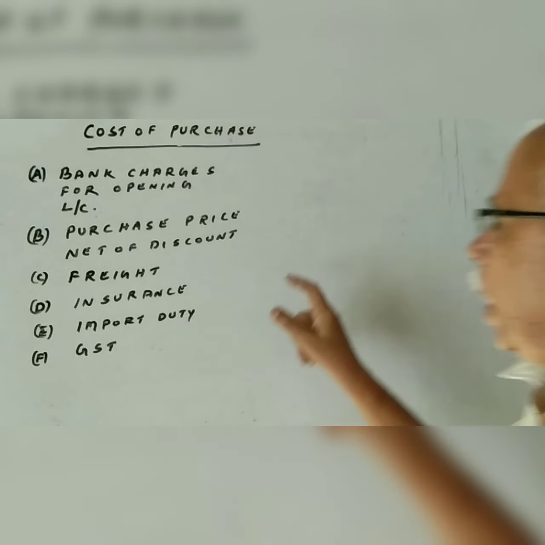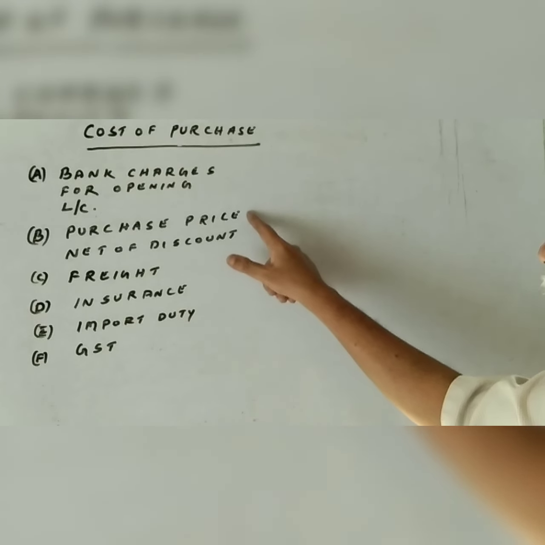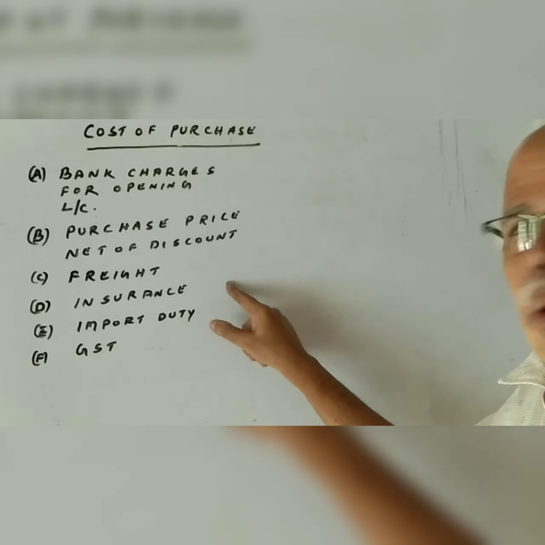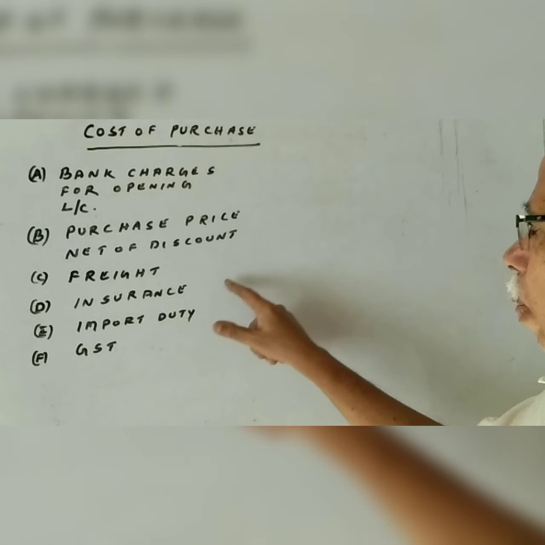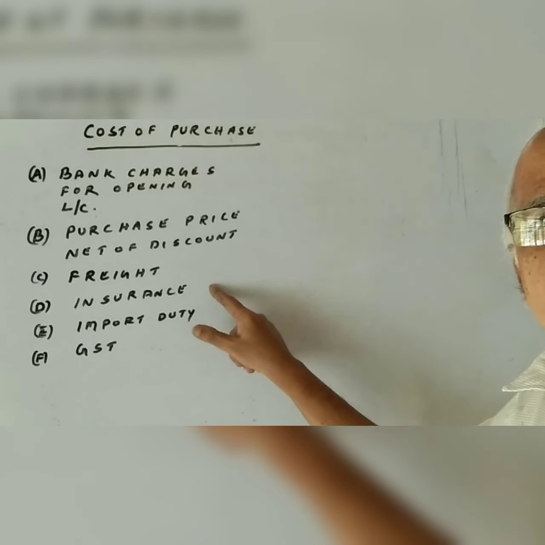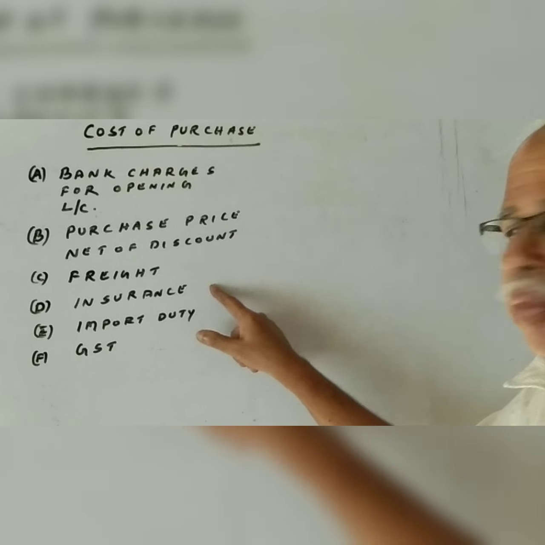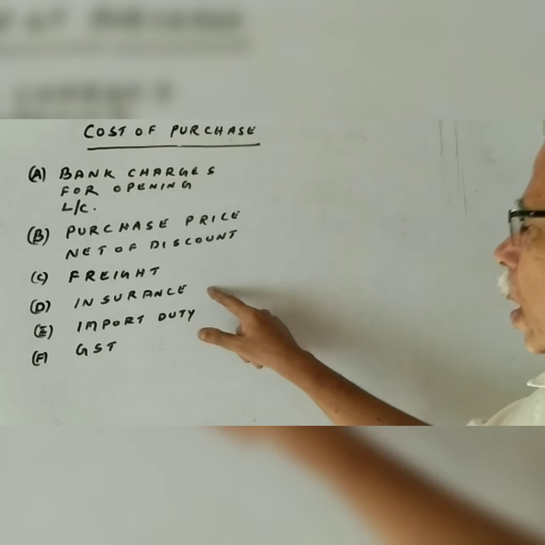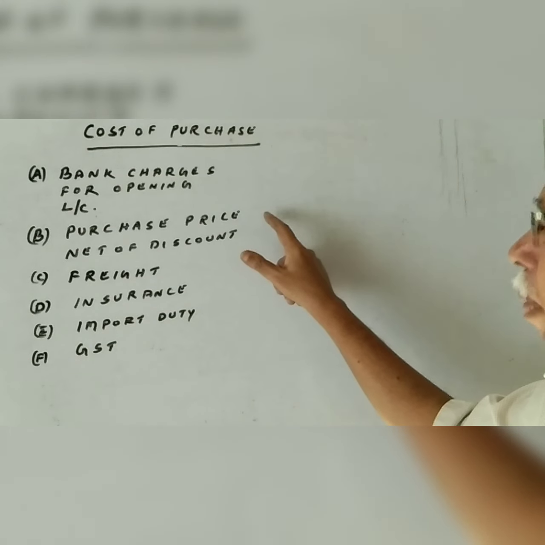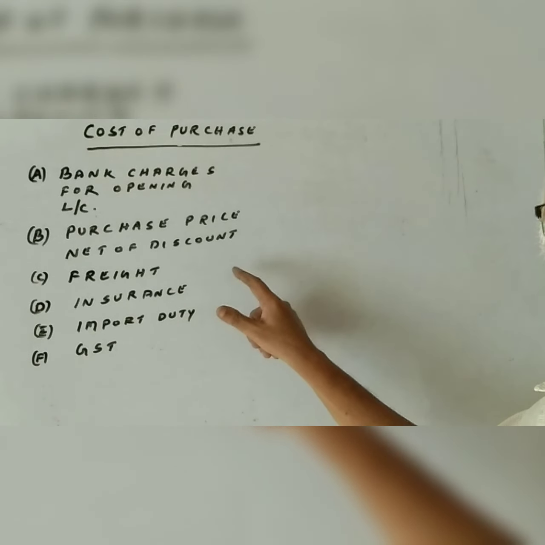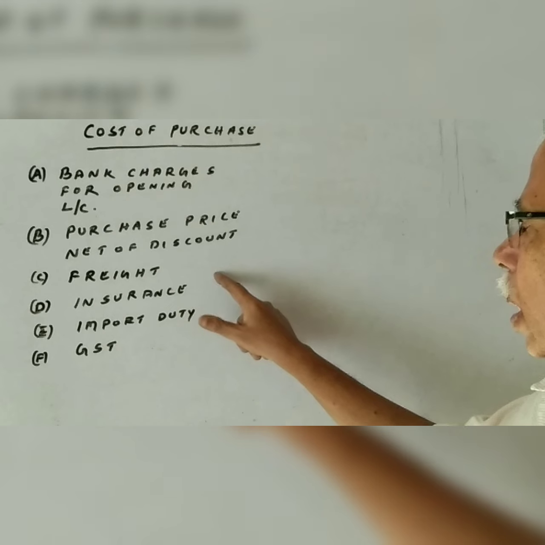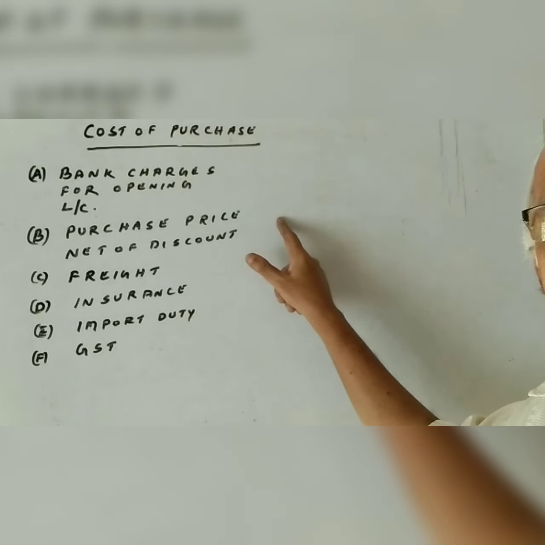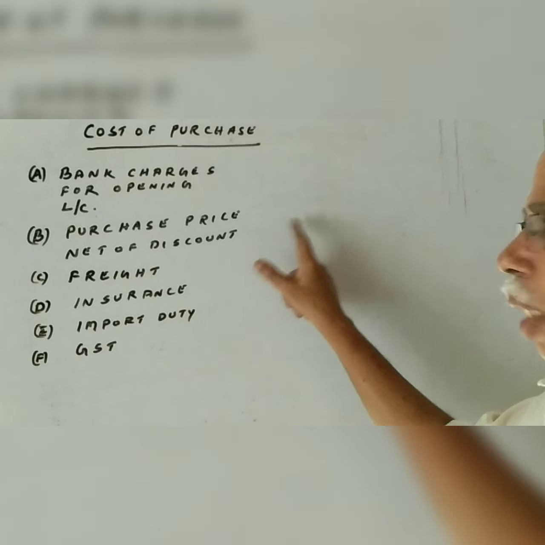Now, there are two ways of buying the goods. One will be FOB price. The other will be CIF price. If a company supplies on FOB basis, it will incur all costs up to the point of port.